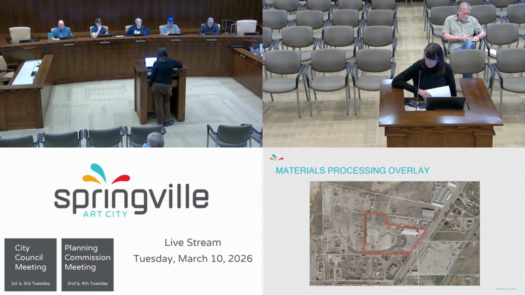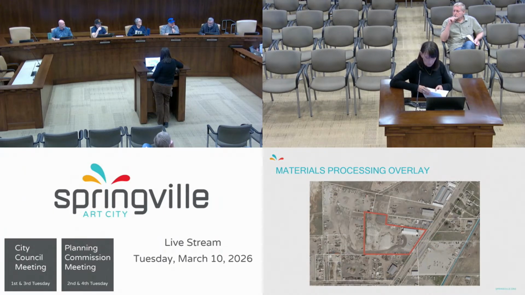The purpose statement said it could only be applied to the light industrial manufacturing zone south of 1600 South and west of SR 51. The language is a little more specific, but it was very geographically limited in terms of where it was intended to be able to be applied, but it was only ever applied to this one single parcel.